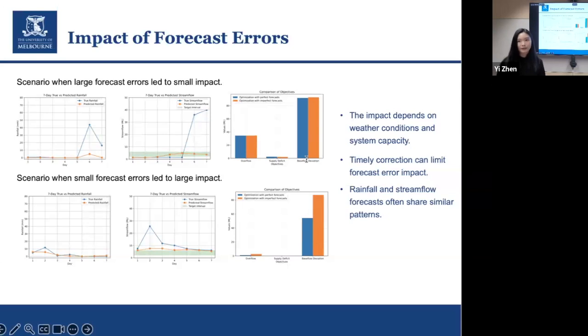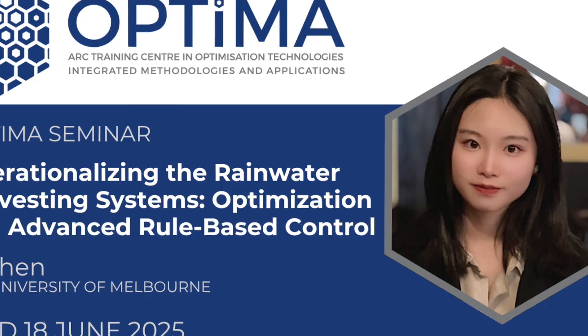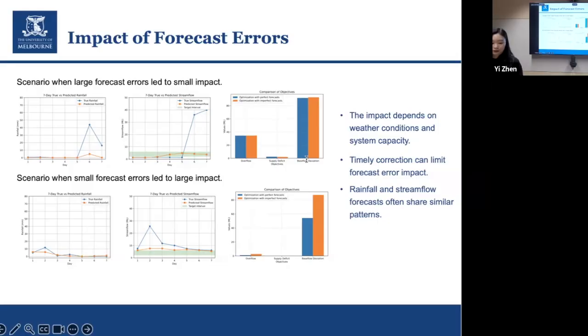And observing that a relatively small forecast error can lead to a large impact on the system, it seems possible to further improve our optimization-based strategies by incorporating uncertainties into decision-making.